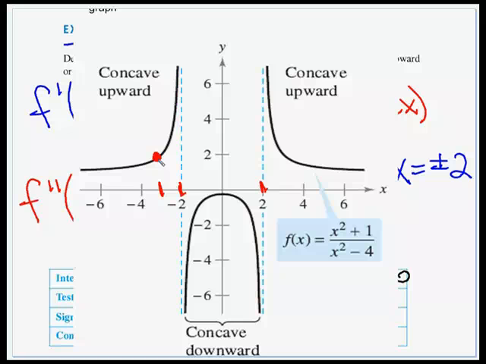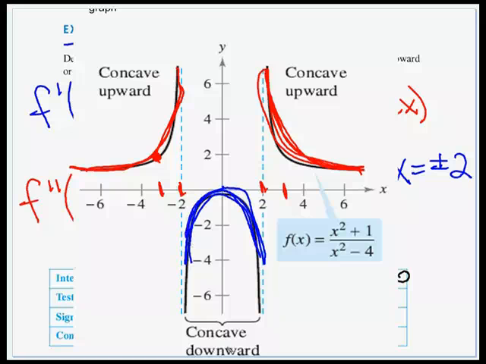We got a positive output, so we knew that that part of the graph was concave up. From 2 to infinity, we plugged in positive 3. We had a positive second derivative, so that part was also concave up. When we plugged the test point of 0 in, we got a negative second derivative output, and that told us at that interval the graph was concave down.